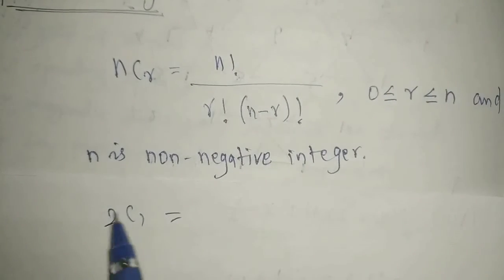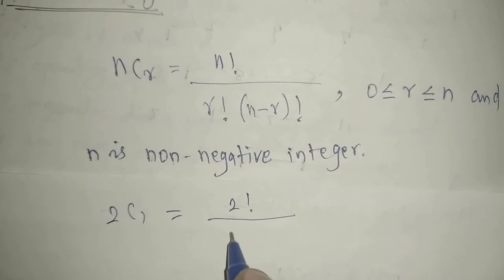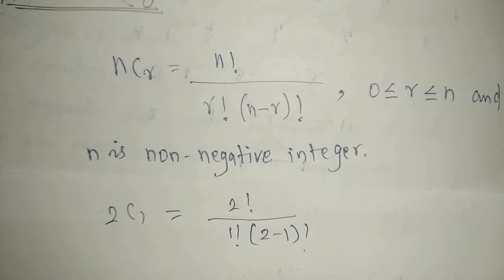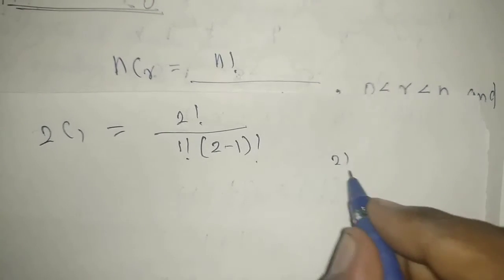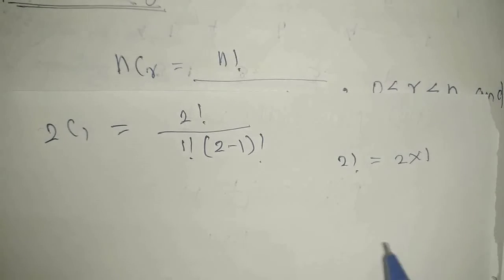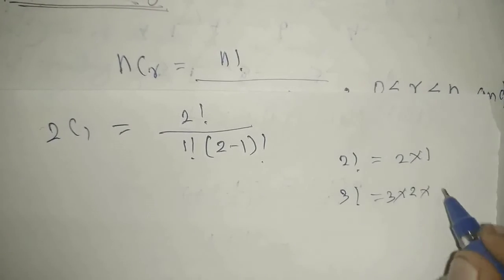Here n value is 2, then 2 factorial divided by, r value is 1, so 1 factorial into (2 minus 1) factorial. Factorial means, for 2 factorial we write 2 into 1, until you write 1. Suppose 3 factorial means 3 into 2 into 1.